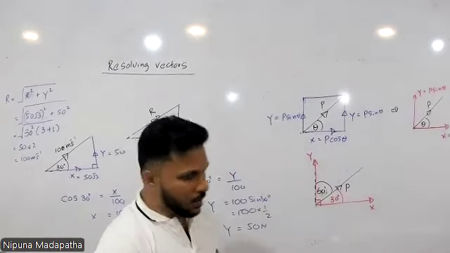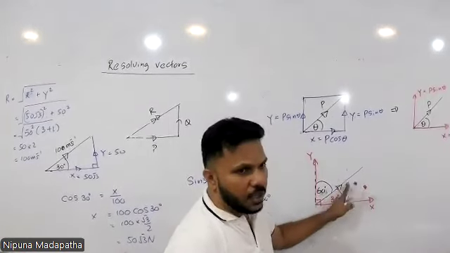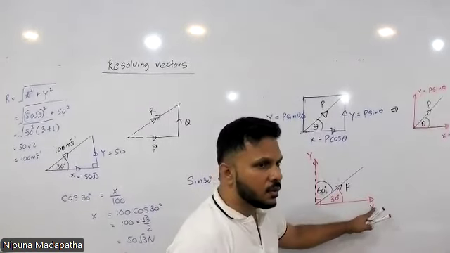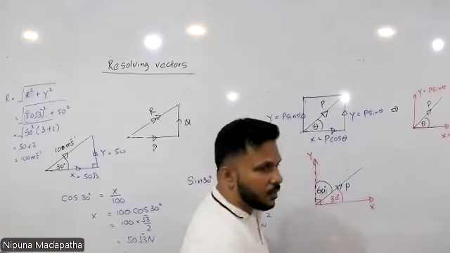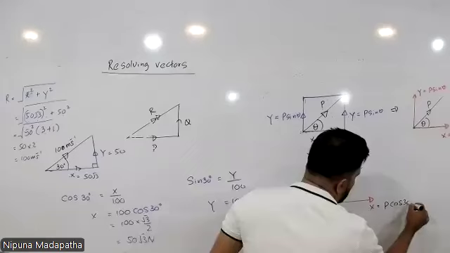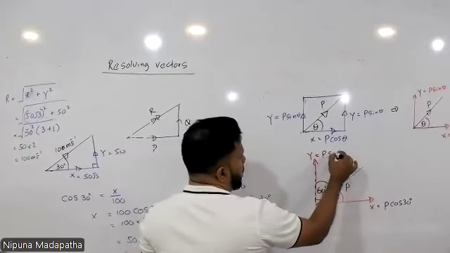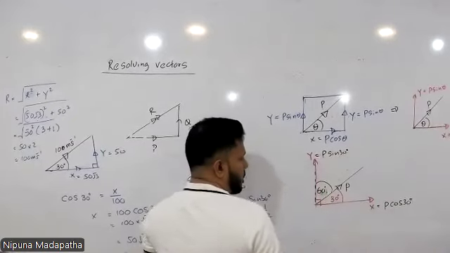Then the x component is P times cos, if you take the 30 angle. X is P cos 30 and y is P sin 30.